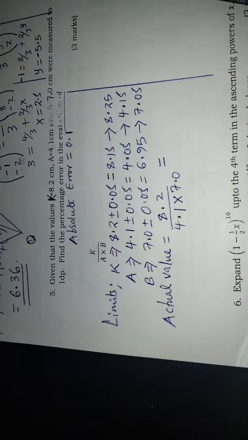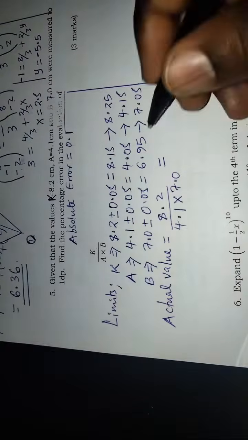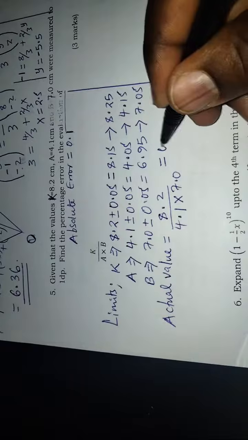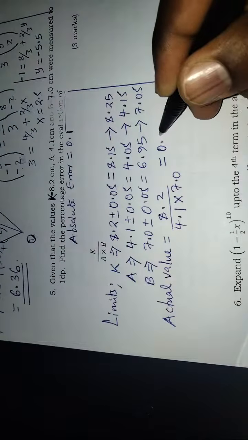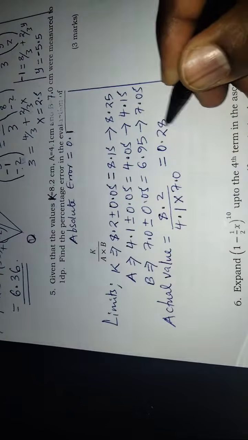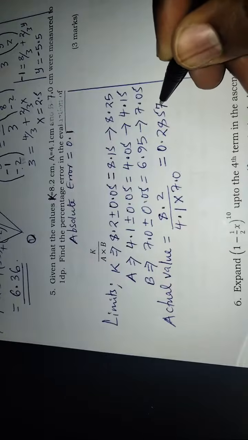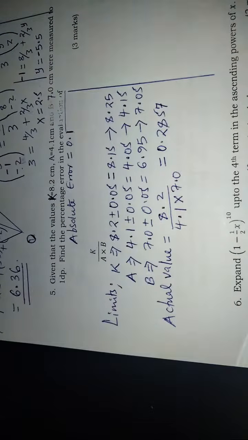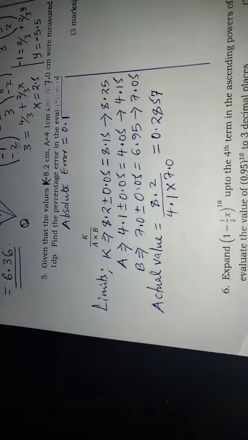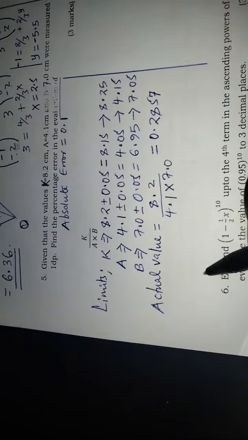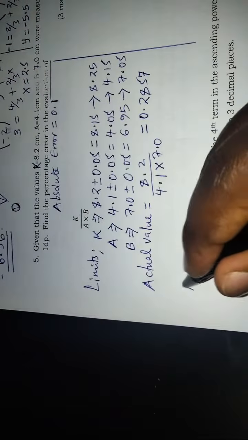So we have 8.2 divided by 4.1 multiplied by 7. This is going to give us 0.2857 to 4 significant figures, so we can operate with that.